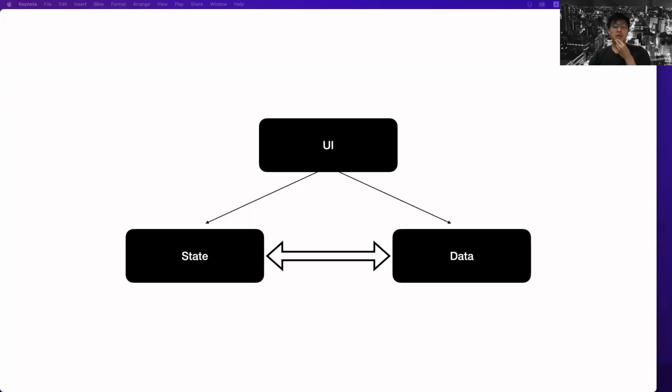This is the state of our previous app, the AirPod app. Our UI is directly dependent on the state and also the data, and the state also knows how the data layer works, where the data comes from. So we are going to do some refactoring.